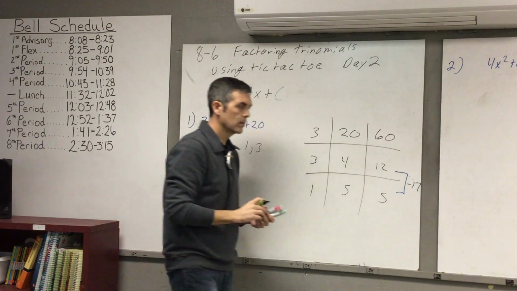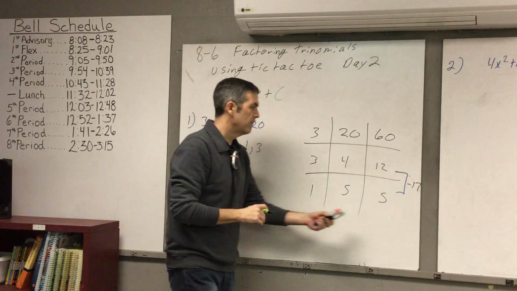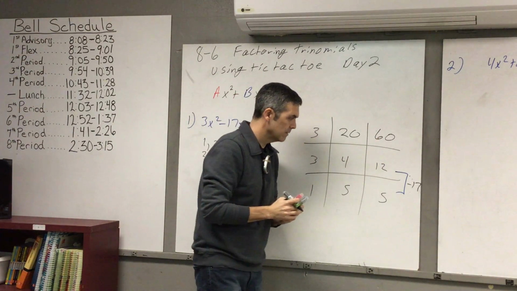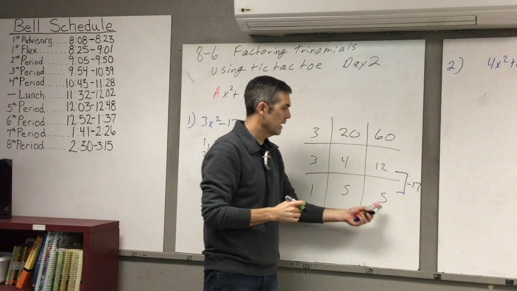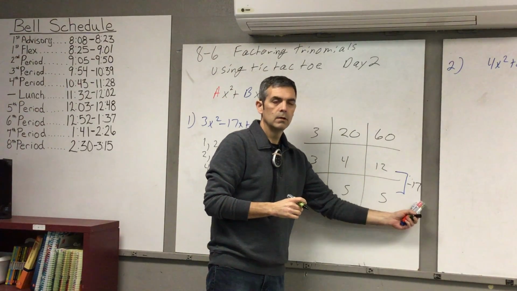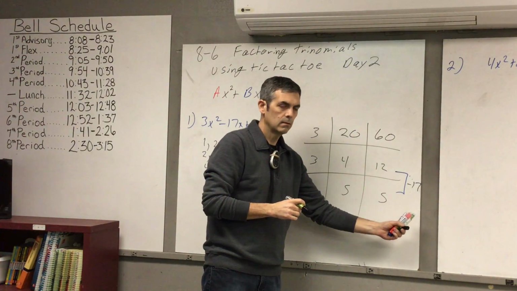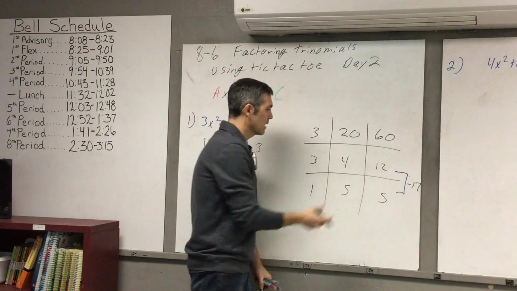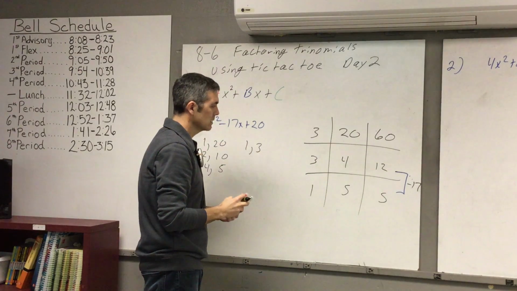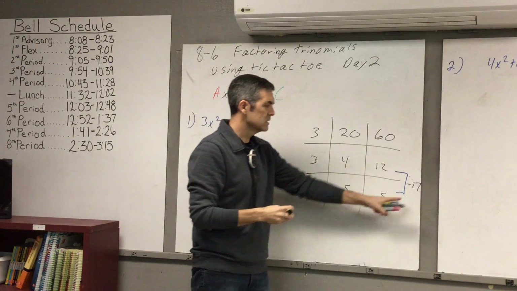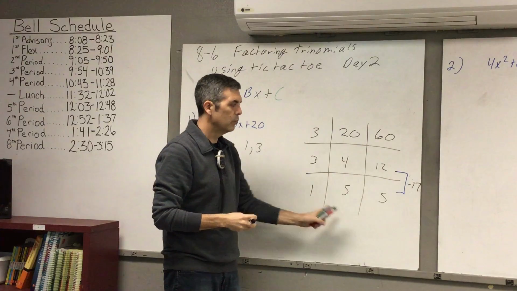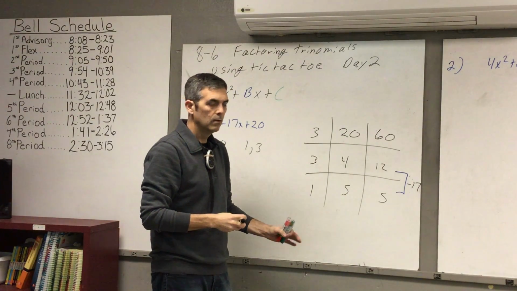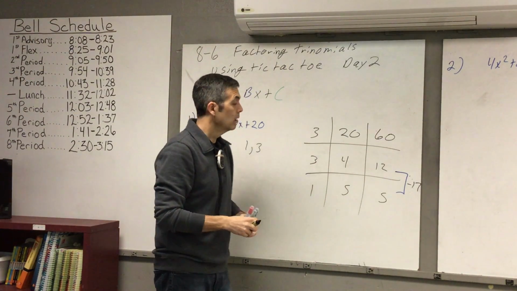All right, well, 5 times 12 gets us 60, but when I add these two together, it doesn't get us 17. Okay, so now we have an issue, right? We have to come back in here and relook at it and say, well, wait, this is a negative number, so one of these has to be negative, and possibly both of them, okay?